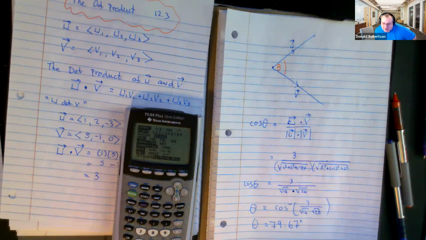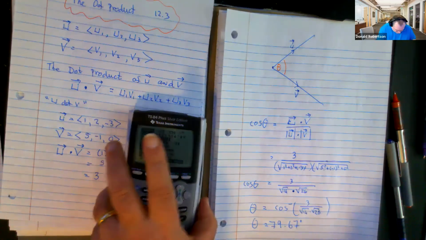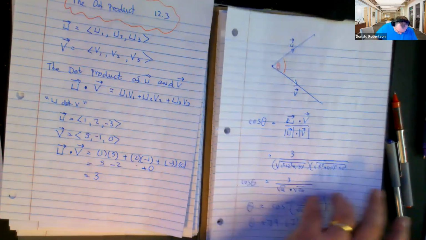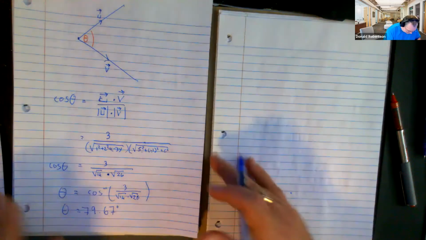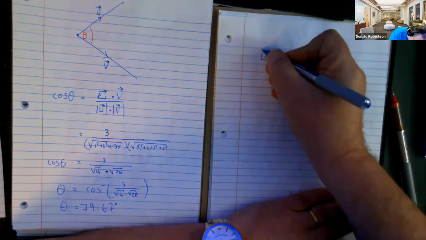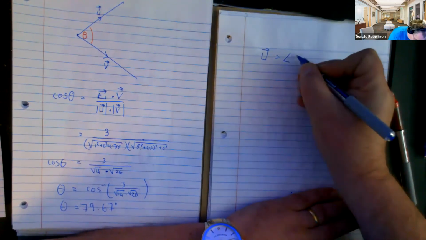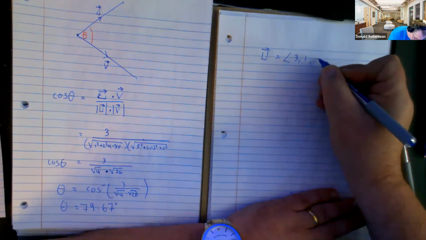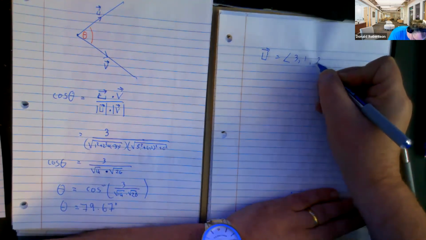Are we comfortable then that if I give you 2 vectors, you could find the angle between those 2 vectors? Okay. So let's do a special case of finding the angle between 2 vectors. Here are my new vectors. U is 3, 1, 2.